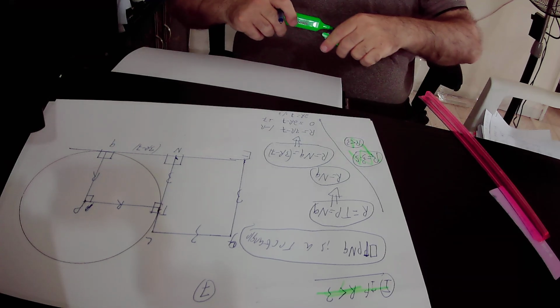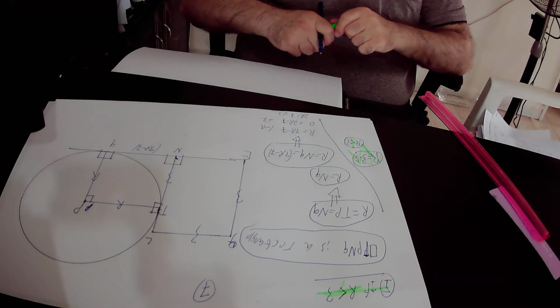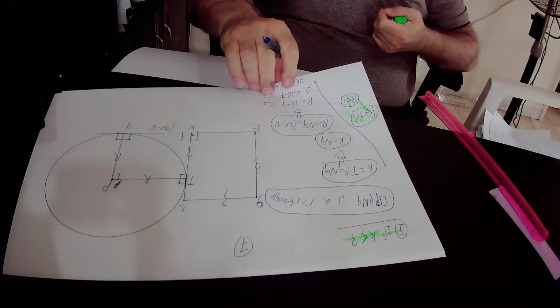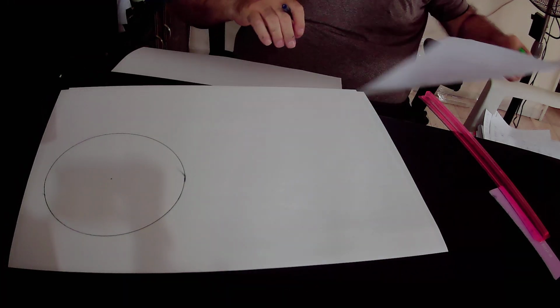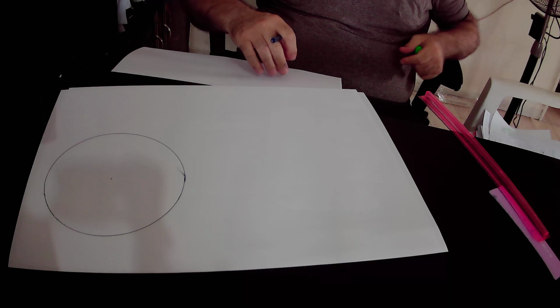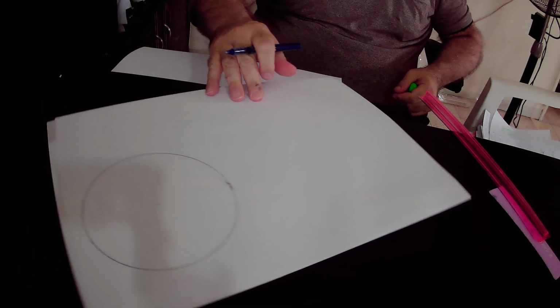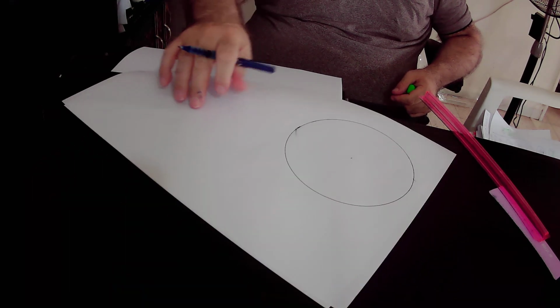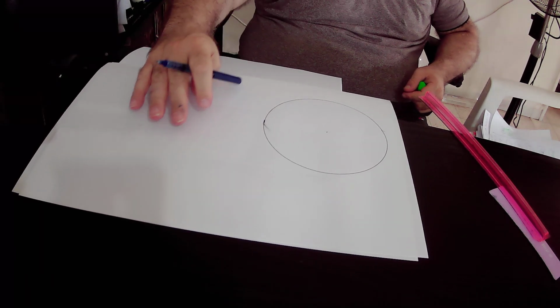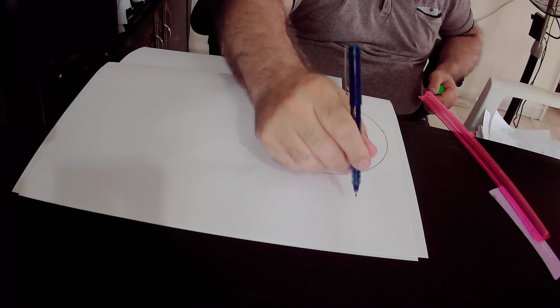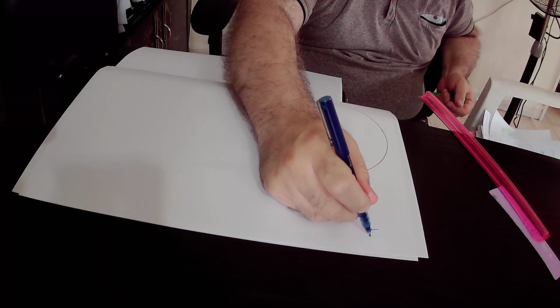Okay, so according to the second possibility, R equals 3 units exactly.